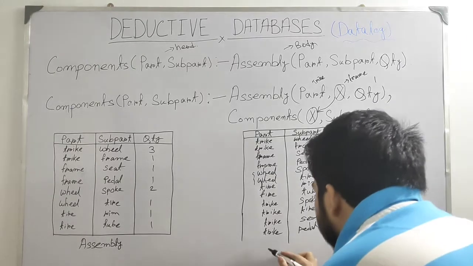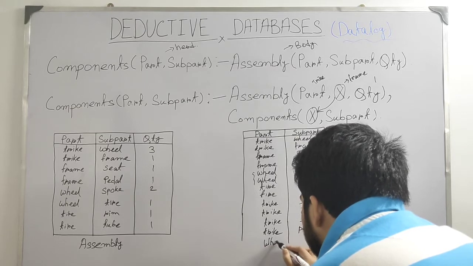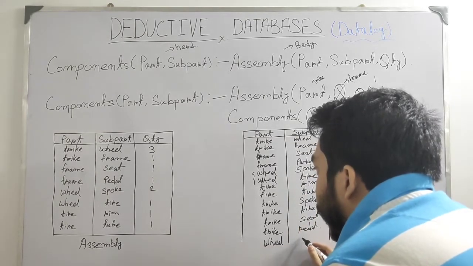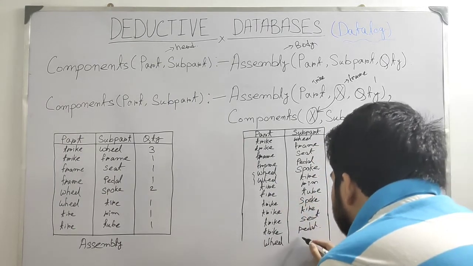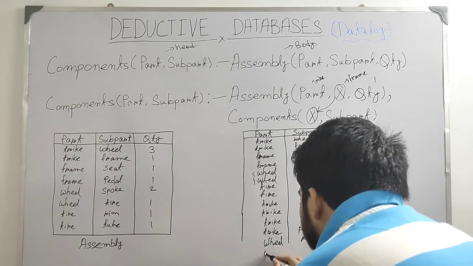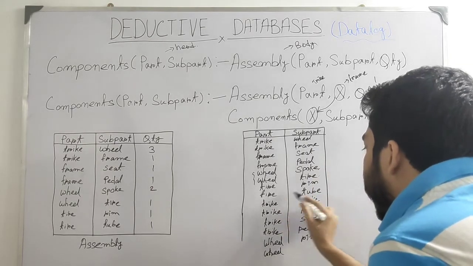So I need to write here wheel, tire, rim and wheel, tube.